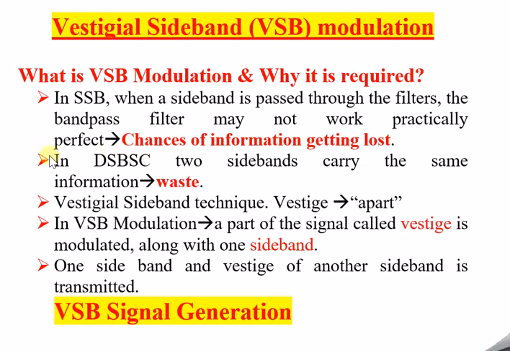Next we will consider the main challenges in DSB-SC modulation as well. As you already know, DSB-SC is double sideband suppressed carrier modulation. We are transmitting two sidebands and suppressing the carrier.